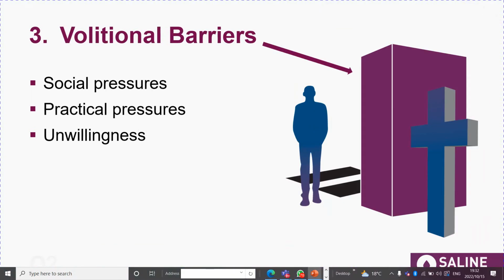Volitional barriers are social pressure, practical pressures, and unwillingness. Maybe the patient can just keep quiet. They don't want to share anything. Or maybe the social pressures from other people and the practical pressures.